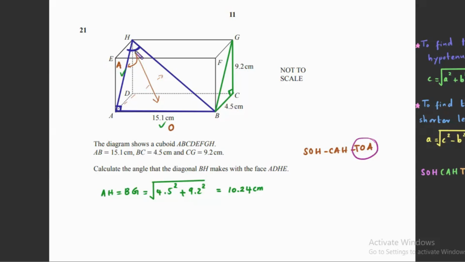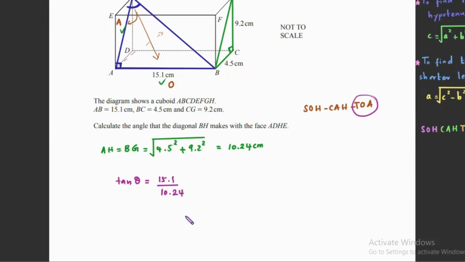Now I need to find the value of the angle. So I need to write tan theta is equal to the opposite side, which is 15.1, over the adjacent side, which is 10.24. As I'm supposed to find what this angle is, I need to do the inverse tan of the fraction, which is 15.1 over 10.24.